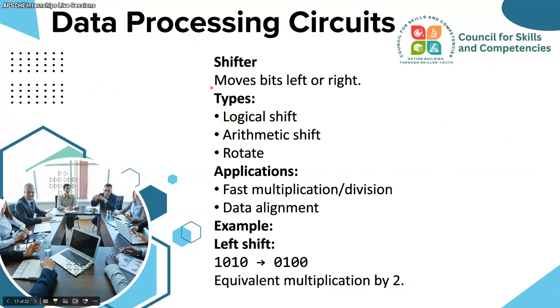So we need such kind of operations also. That is logical shift, arithmetic shift, rotate, and the applications of these are fast multiplication and data alignment. For example, if you do a left shift of this, this goes out and this comes here, and you will get this, and it is equivalent to multiplication by 2.